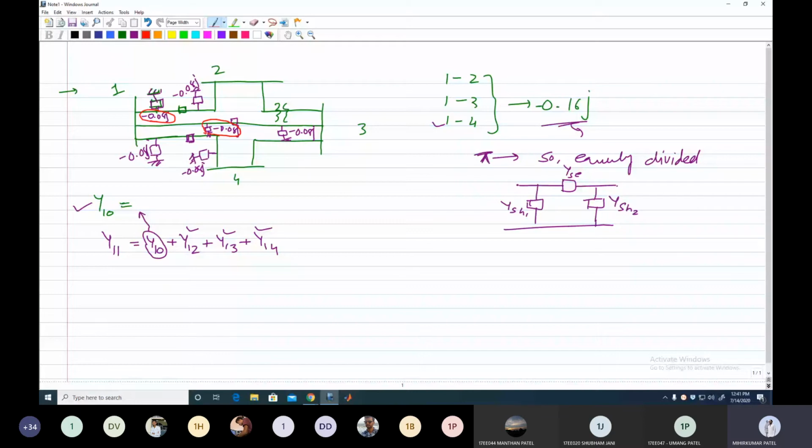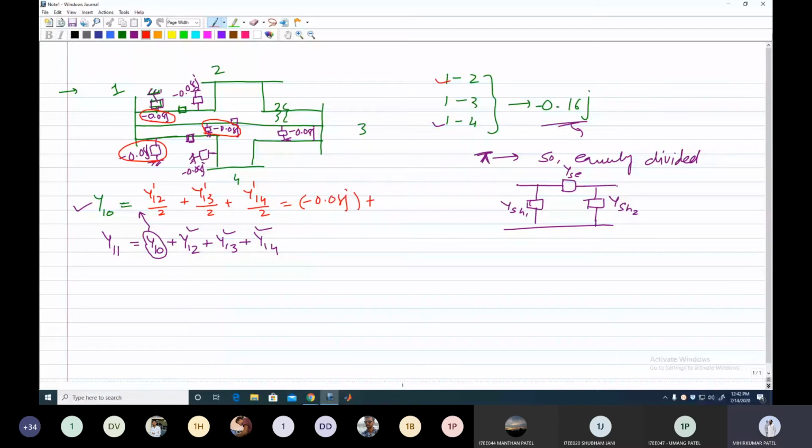So if you want to write in equation form, first of all write y12 dash by 2. That means the admittance offered by the transmission line 1 and 2. Then y13 dash by 2 and y14 dash by 2. Dash means shunt admittance. So for y12 dash, it is minus 0.08j.